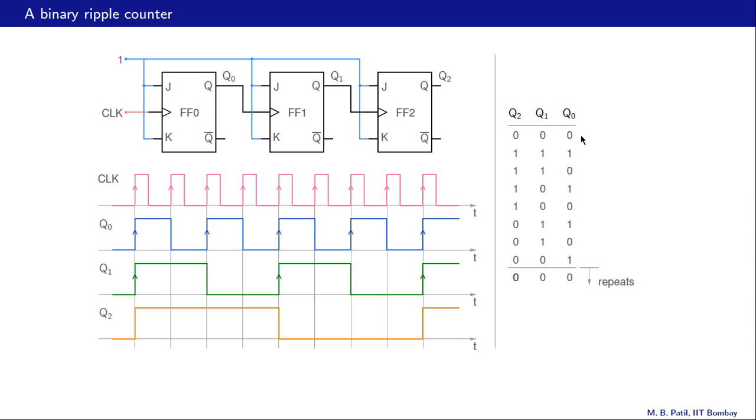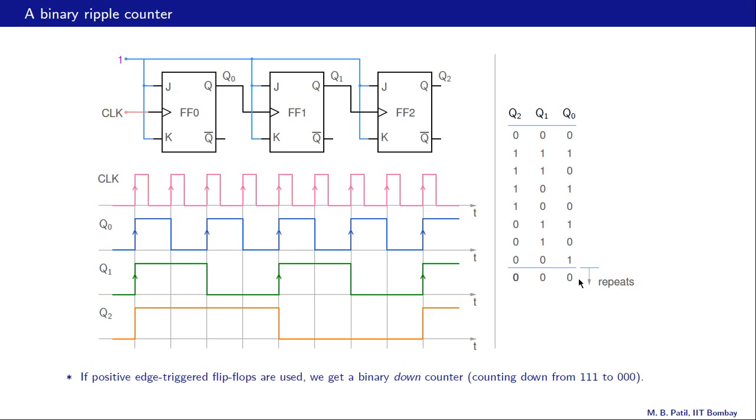Now this is decimal 0, this is decimal 7, this is decimal 6, 5, 4, 3, 2, 1 and back to 0. So in other words, we have now got a binary down counter counting down from 111 to 000.